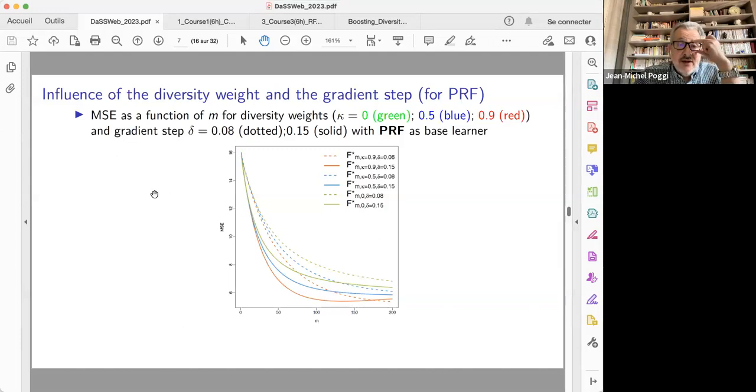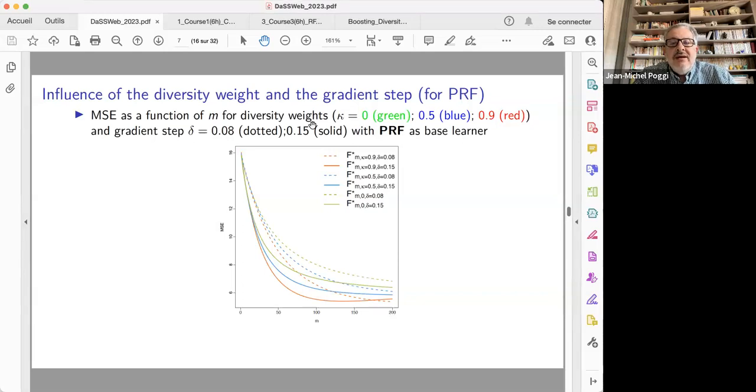The first thing is we could have a first graph to inspect the influence of the diversity weight, that is kappa, and the gradient step delta of the algorithm. So in this plot, in the x-axis you have m, which is the number of steps of the boosting algorithm, and in the y-axis you have the mean square error.